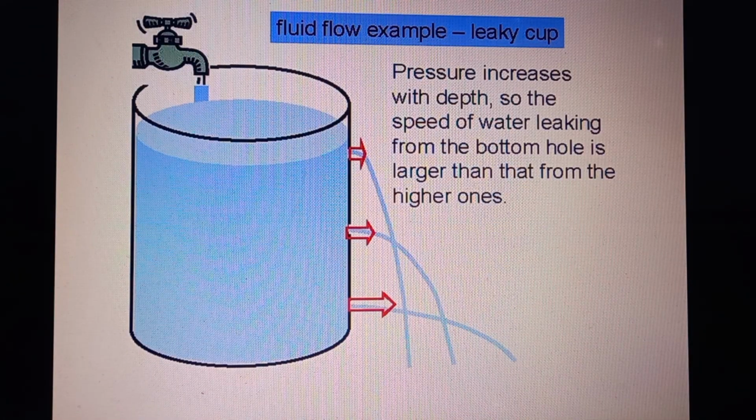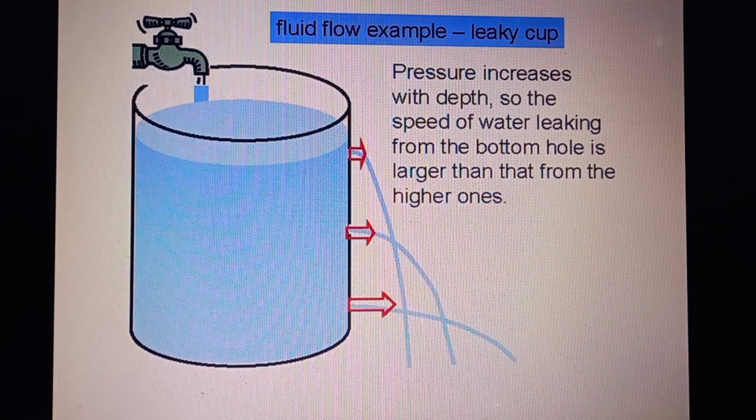See, for example, the fluid flow like this leaky can. So we have to use 3 holes based on a horizontal line. The pressure increases with depth, so the speed of water leaking from the bottom hole is larger than that from the higher ones.